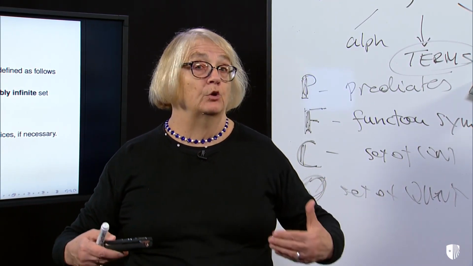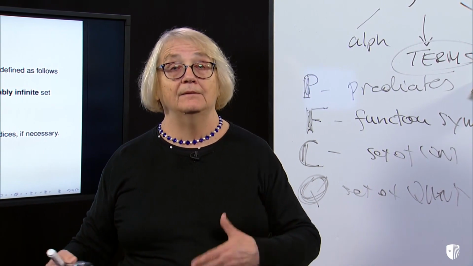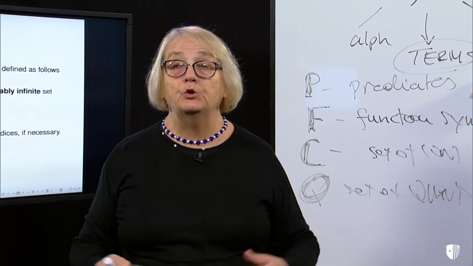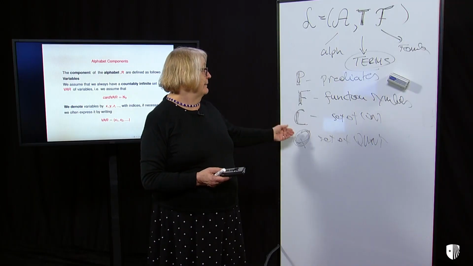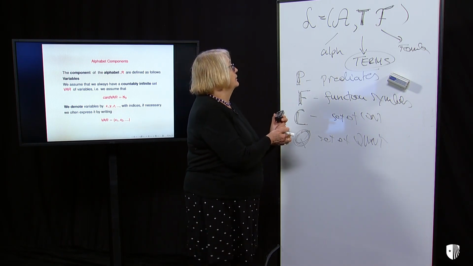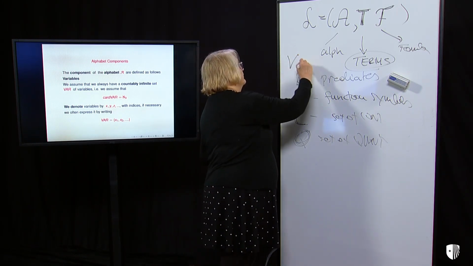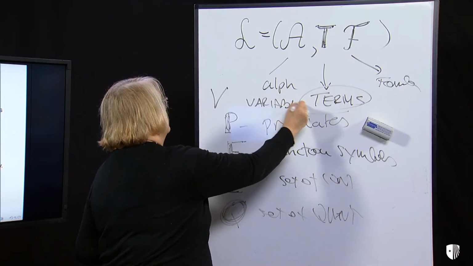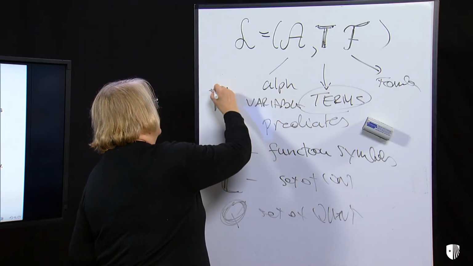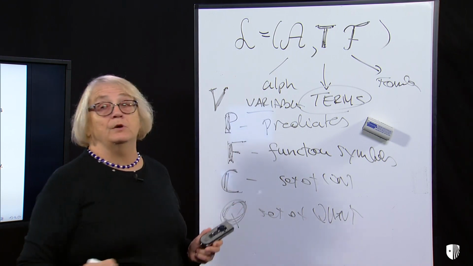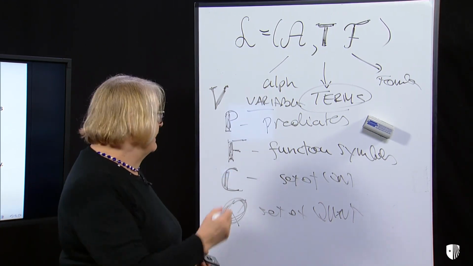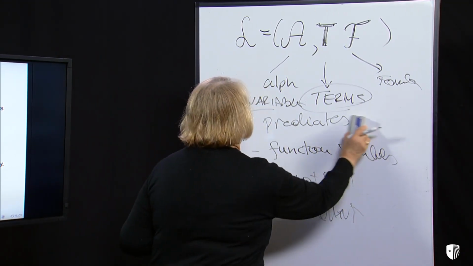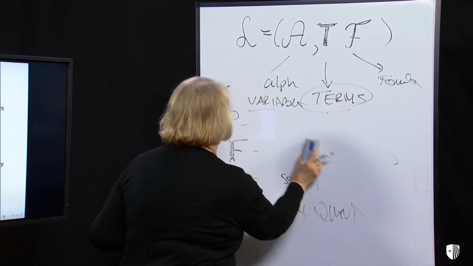And then in particular cases, they can be whatever we want them to be. And also the variables, of course, I didn't put it here. V is the set of variables, which is also countably infinite.